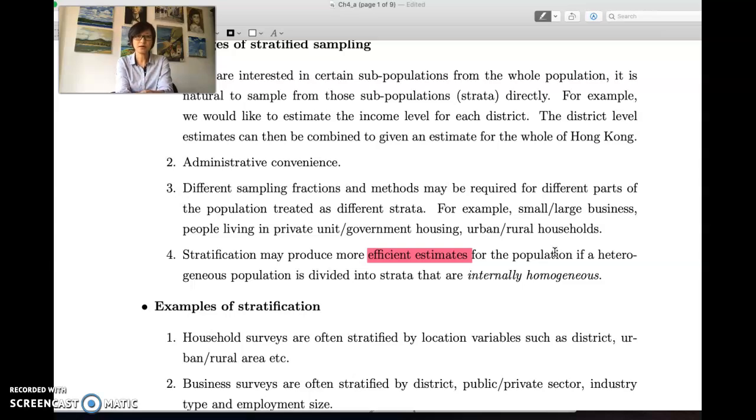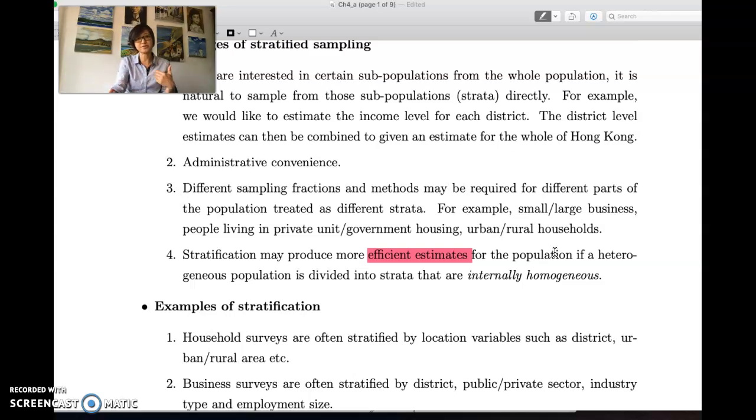In Hong Kong, we know that there are 18 or 19 districts. Then within the districts, the average income or the living affordability would be similar within the district. So let's say people living in Wan Chai have more similar affordability for living, and then they are homogeneous internally.